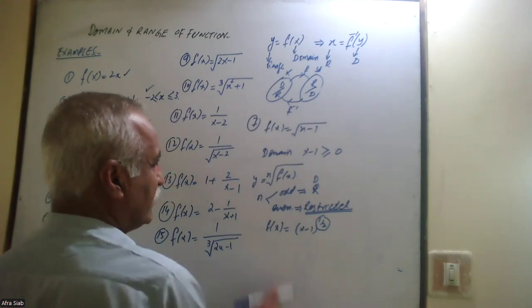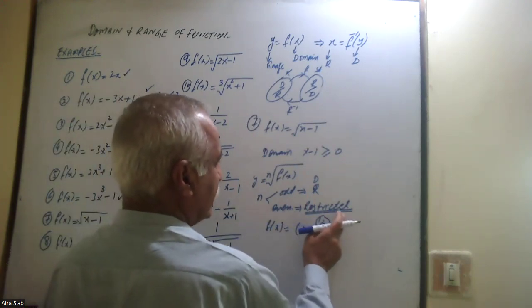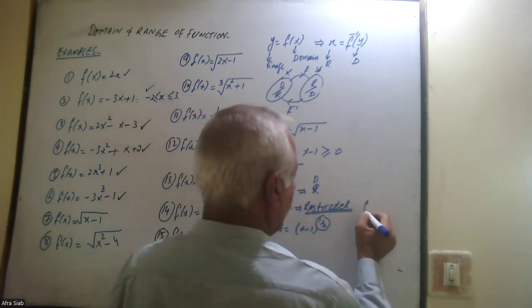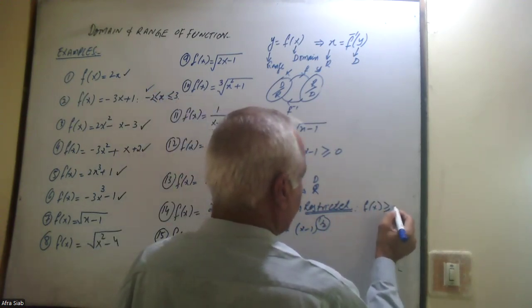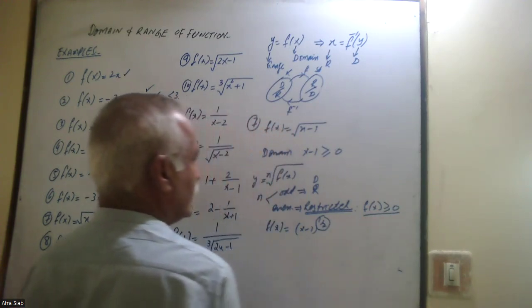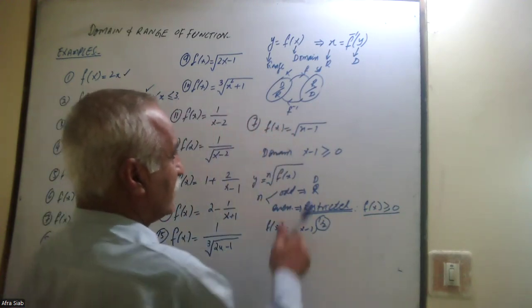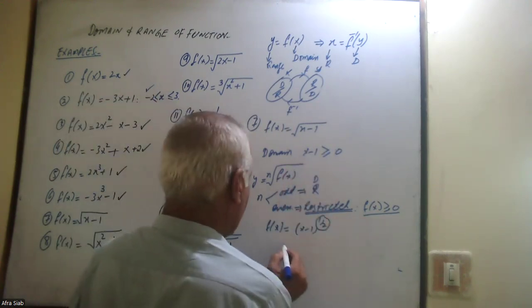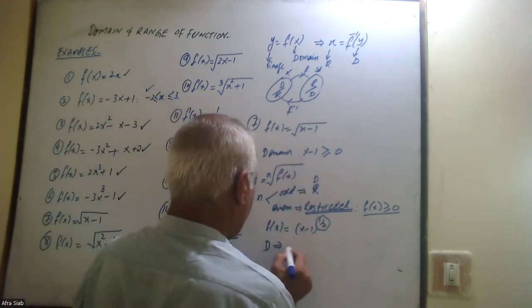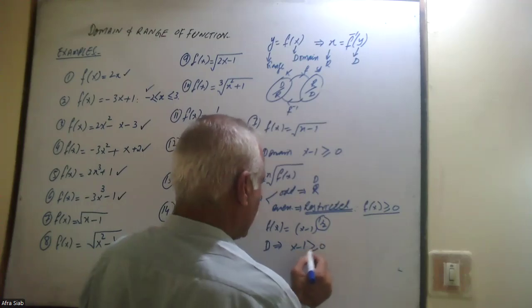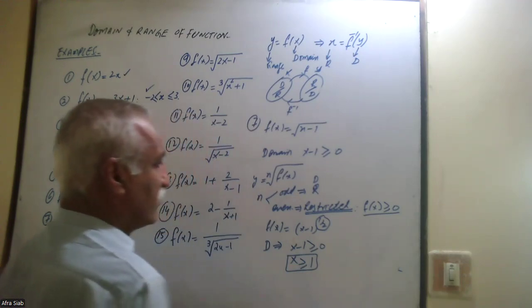So the domain is restricted, which means that the expression inside that square root function should be greater than or equal to 0. So x minus 1 is greater than or equal to 0, or x is greater than or equal to 1. So this is the domain of this function here.